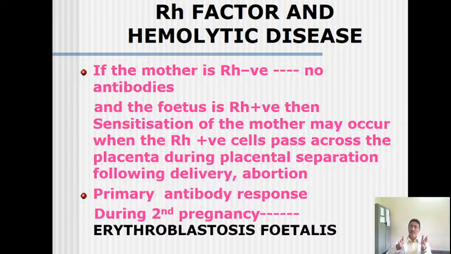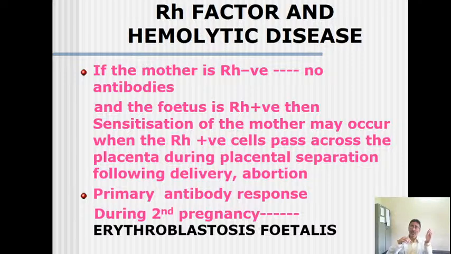So in the first pregnancy, most of the time there is no problem to the newborn. But if for a second time the mother has an Rh positive child during the second pregnancy, and especially during the delivery, some of the antibodies would have developed.